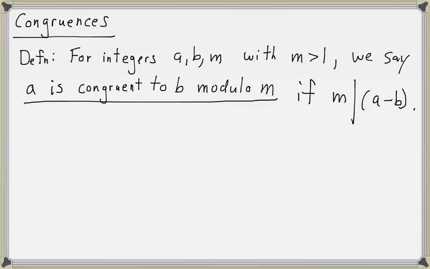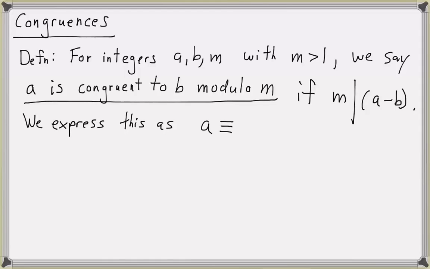So we see that congruence is actually a definition involving division. It's really a statement about divisibility. So we express a is congruent to b modulo m as a, and it looks like an equal sign with 3 lines.